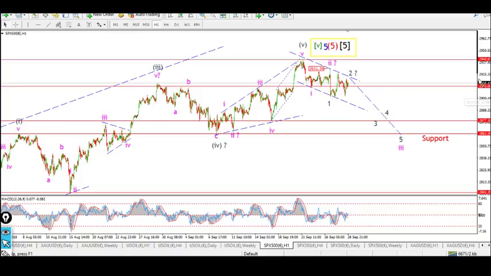Obviously, we've got a high at 2940, so you don't want that to break from here on in, but suffice to say, there's a very real possibility that we're moving into the downside. We'll track it day by day.